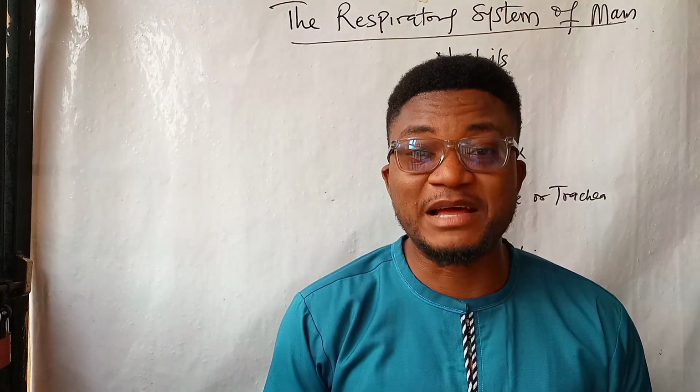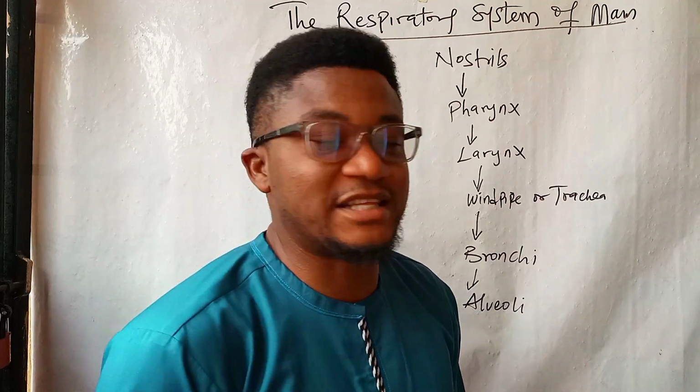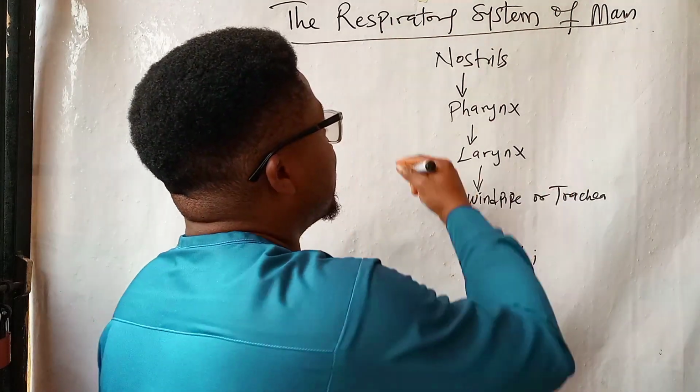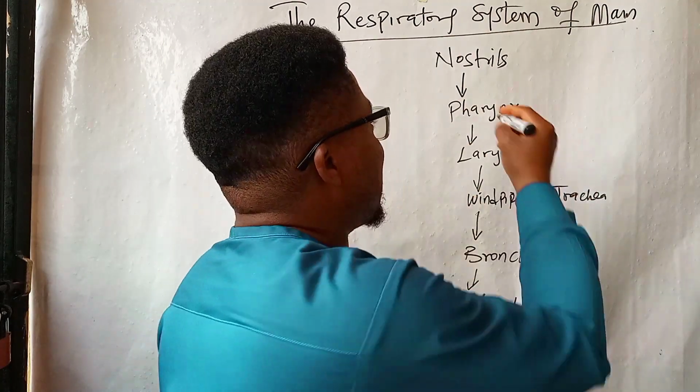The respiratory system in man is a very interesting part. The respiratory system starts from the activities that happen in the nostrils. The nostrils lead into the posterior portion of the mouth cavity known as the pharynx.